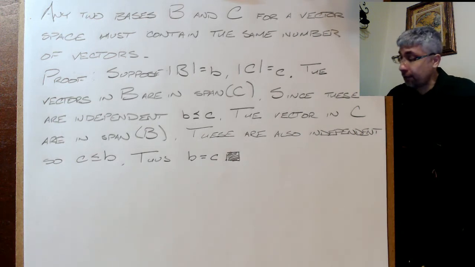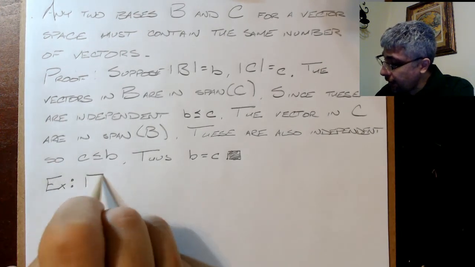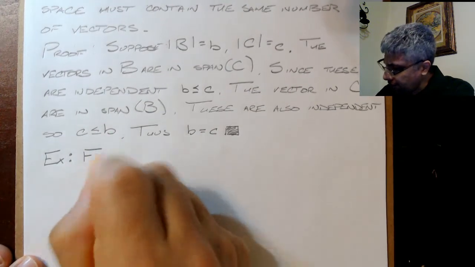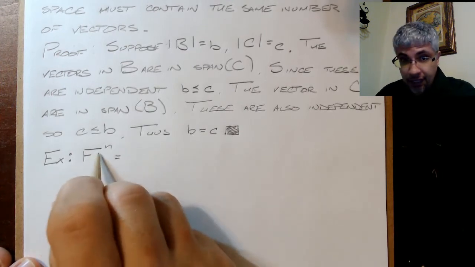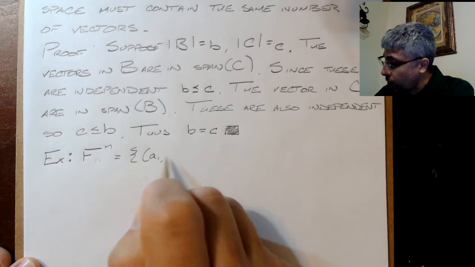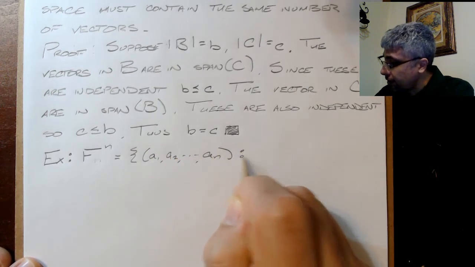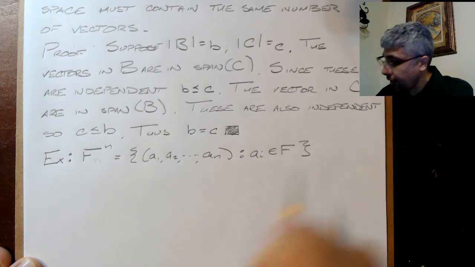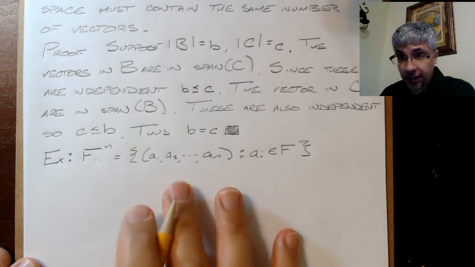I guess as a simplest example, if you take F^n, we want n copies of F. So this would be the set of (a1, a2, through an), so that each of the ai are in F. And we know that we have one basis for this that we could make.